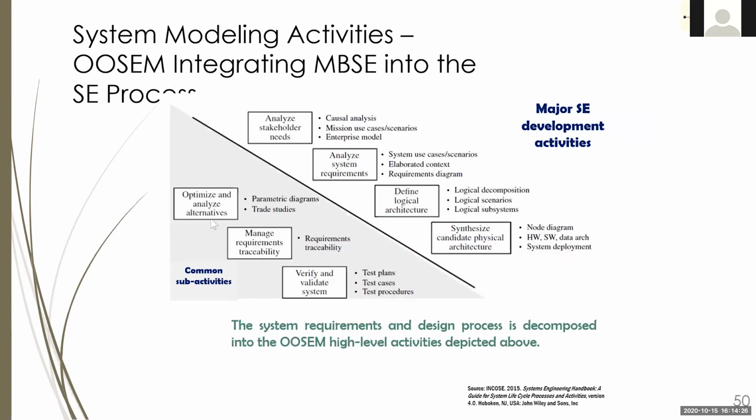So how can we optimize the analysis of alternatives? For example, in the design, you are building a couple of architectures and you need to select the best architecture. So you can use some of the models to help you understand which of those has better performance, okay?